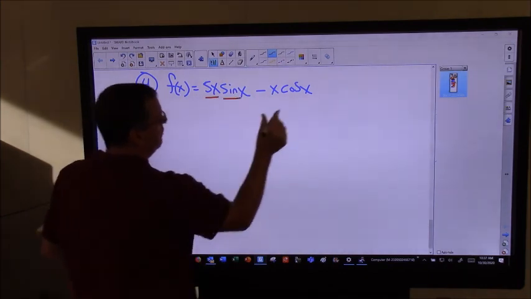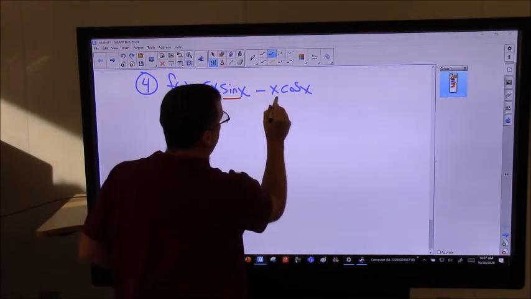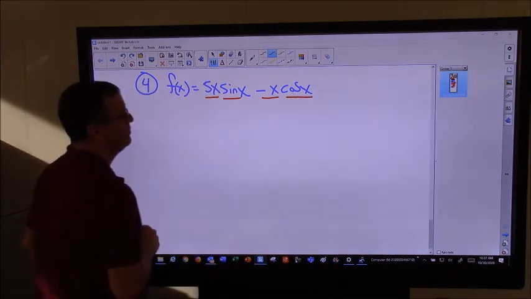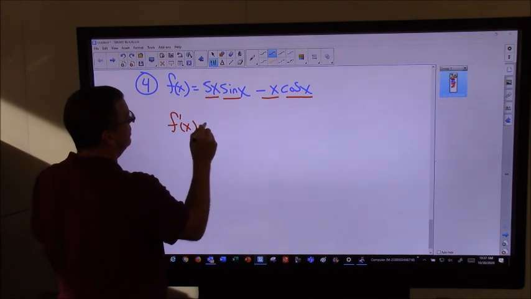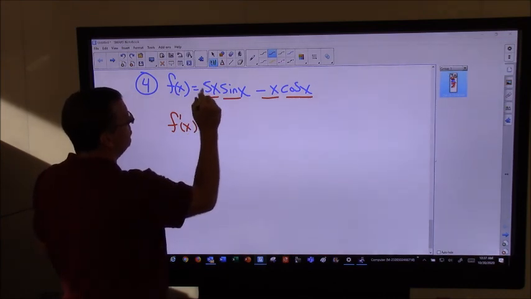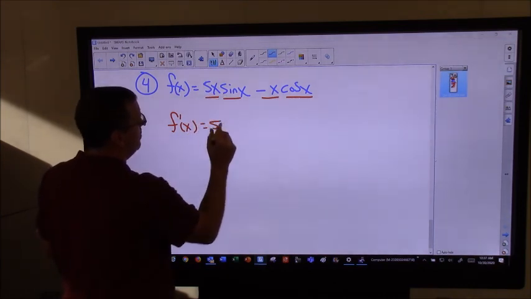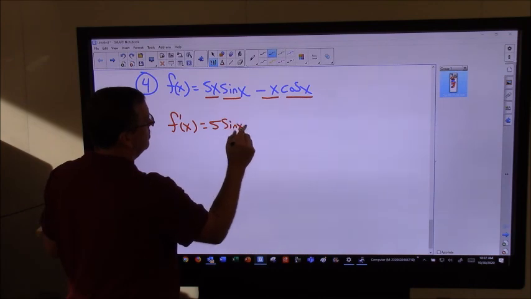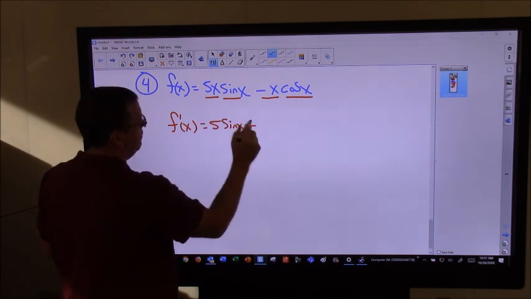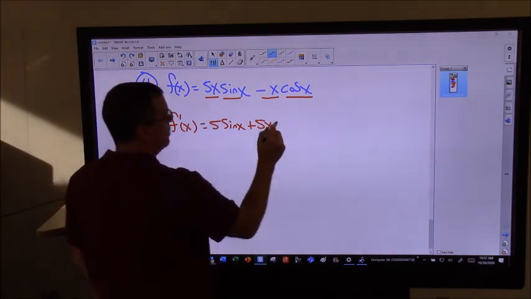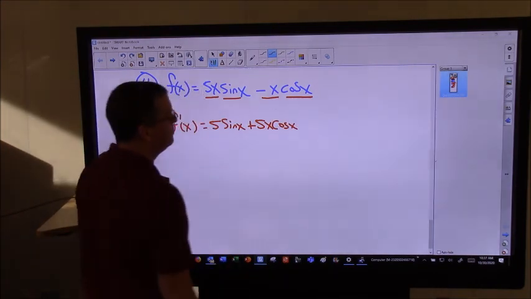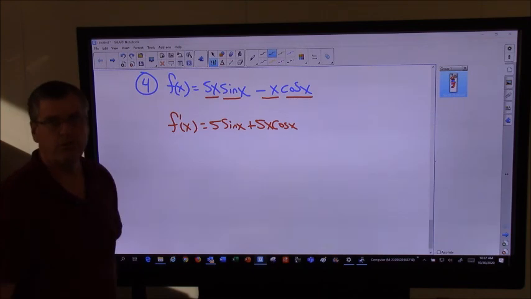And once I'm done, I'll find the derivative of this, and it has two pieces. Okay? So f prime of x is going to equal, derivative of that would be 5, times the second piece, plus, leave the 5x the way it is, take the derivative of a sine of x, which is a cosine of x. And now I have to do the derivative of the second part.